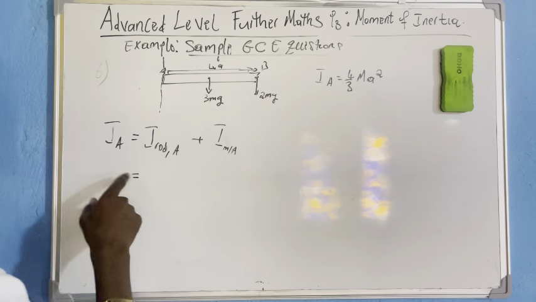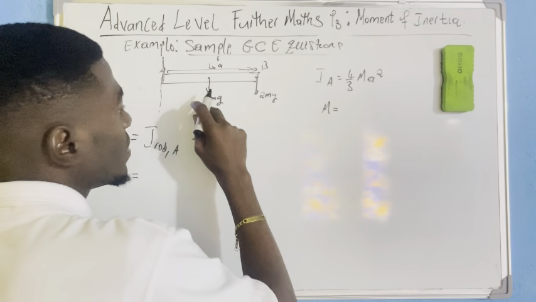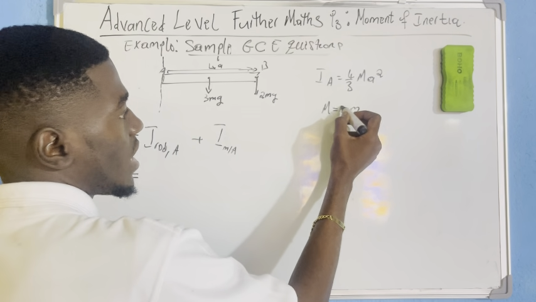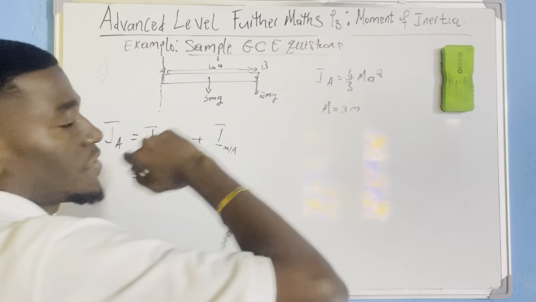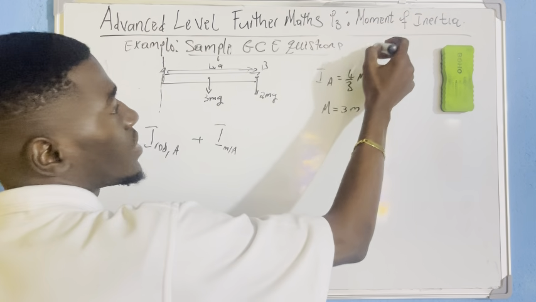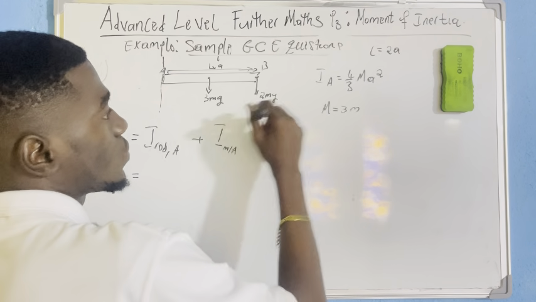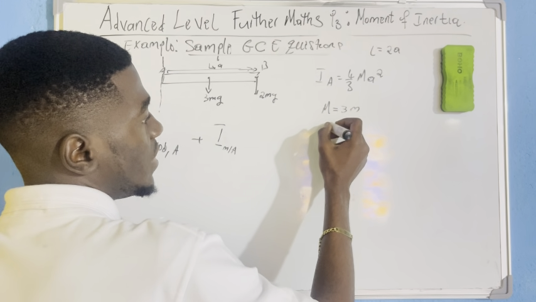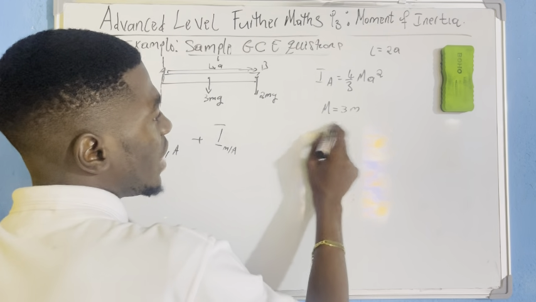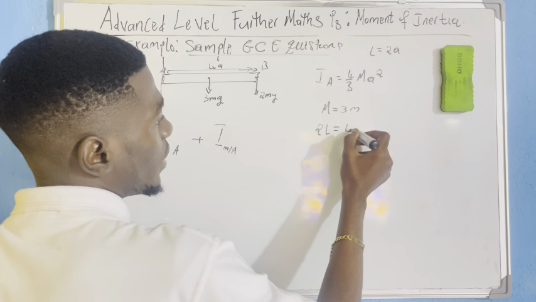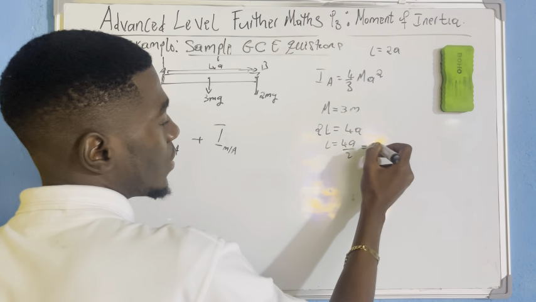Now in this case, the big M I will replace by 3m, since the mass of the rod is 3m. When we were calculating the moment of inertia about the end, our length there was 2a, but here the length is 4a. So 2L should be equal to 4a, then L is 4a over 2, so L is 2a.